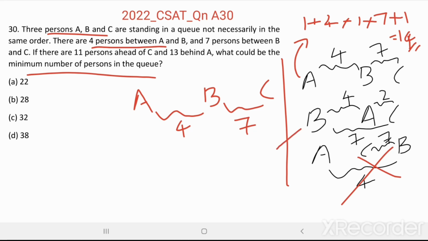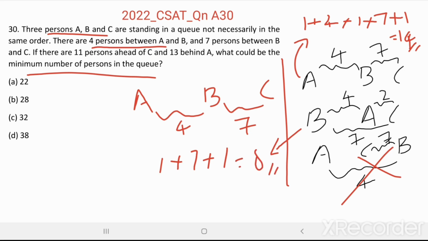In the second arrangement, here we can see B, 1 person, plus between B and A there are 4, or directly between B and C there are 7. Then plus C, there are only 8 persons.